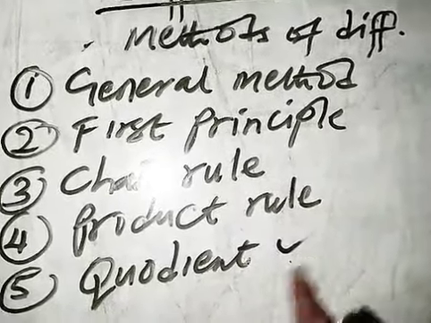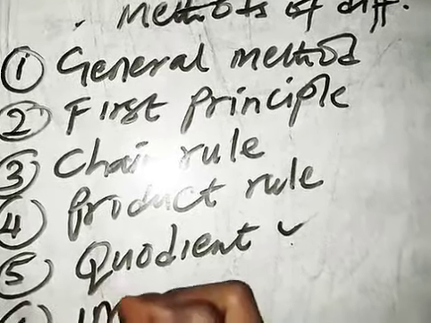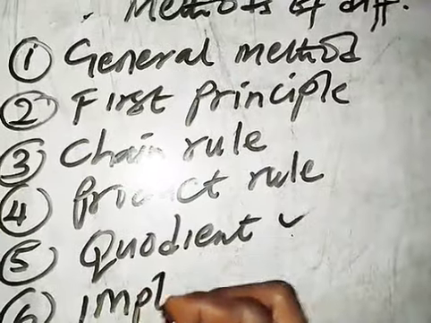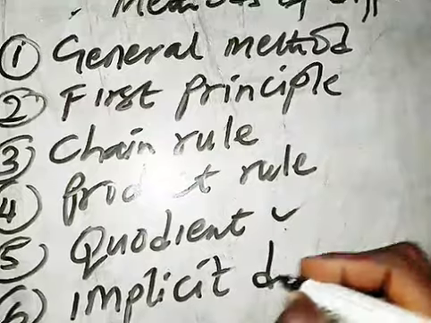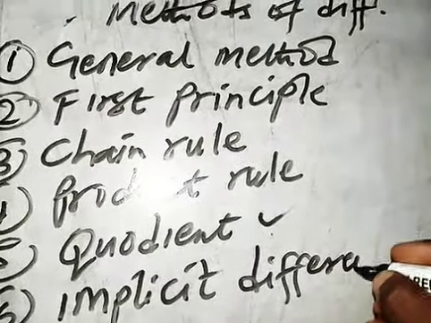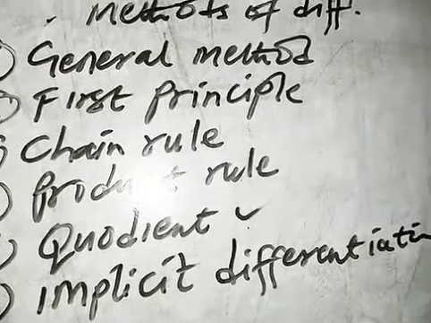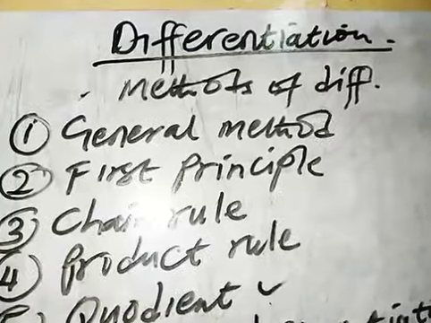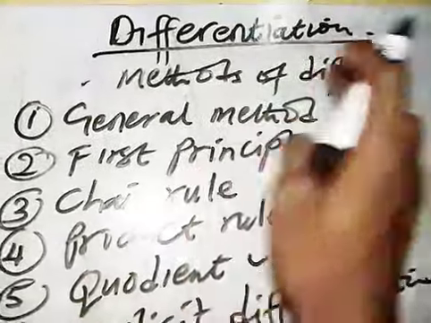We also have the last but not the least, number 6, implicit differentiation. That is the last one. Implicit differentiation. Now we have 6 methods of solving differentiation.